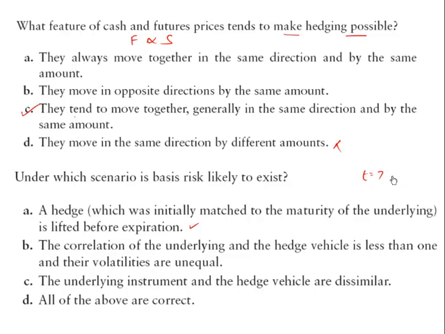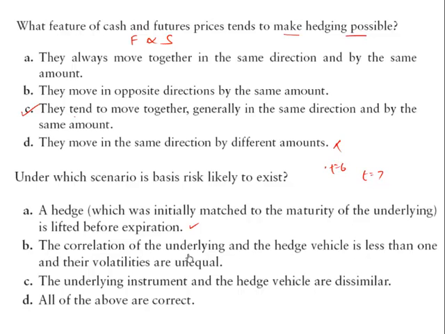That was a perfect hedge because there was no basis risk. As the money comes, I give it to somebody else, my payoff is fixed. But if I lift it before expiration, let's say at t equal to 6, I square off. In such a case, it's possible that the spot and the futures may not have exactly moved by the same amount. Some basis risk is possible.